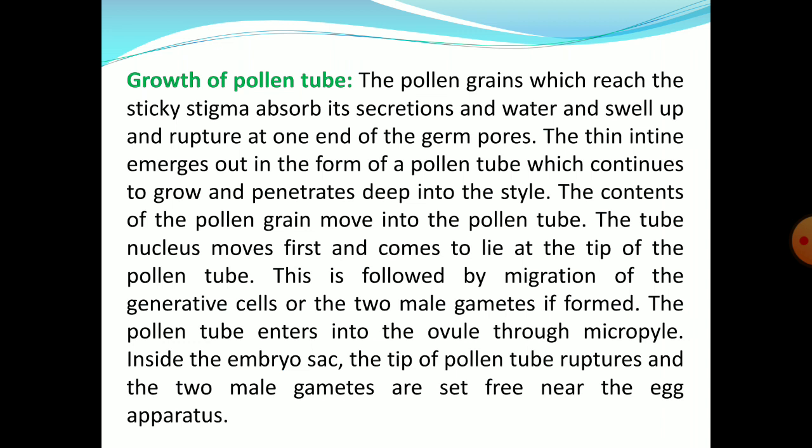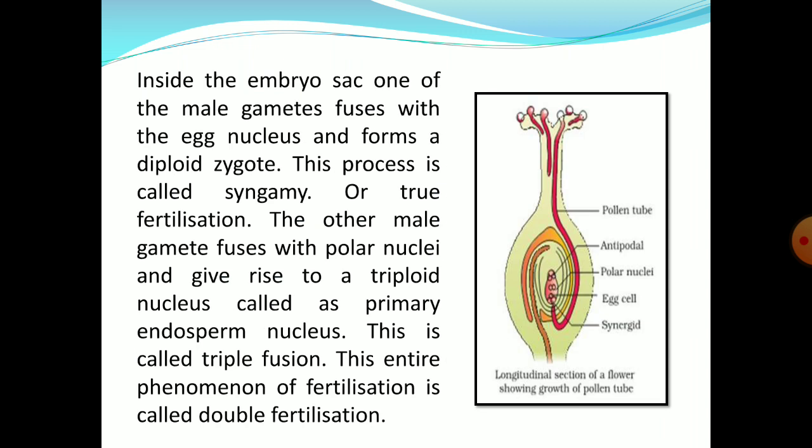Inside the embryo sac, the tip of the pollen tube ruptures and the two male gametes are released into the egg apparatus. One male gamete fuses with the egg nucleus to form zygote, which is called syngamy or true fertilization.